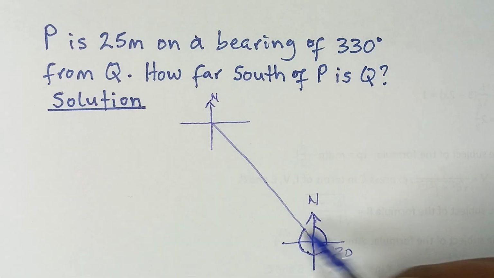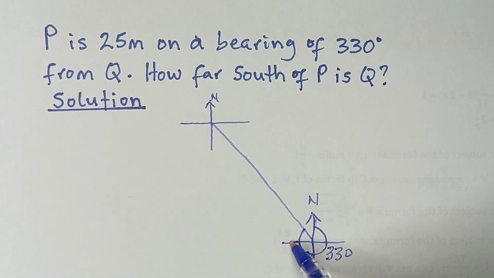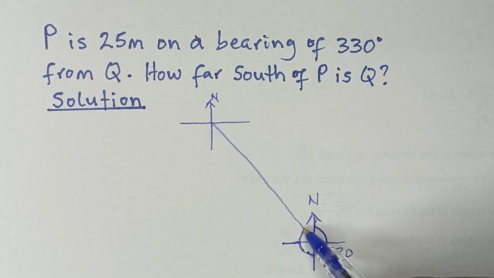From here to this point is 90 degrees, and then moving on, I get to 180. Moving on, I get to 270. So this line here is the angle 270 line, and this slanting line is the angle 330 line.